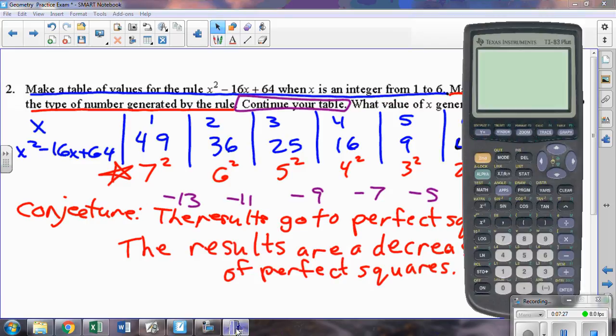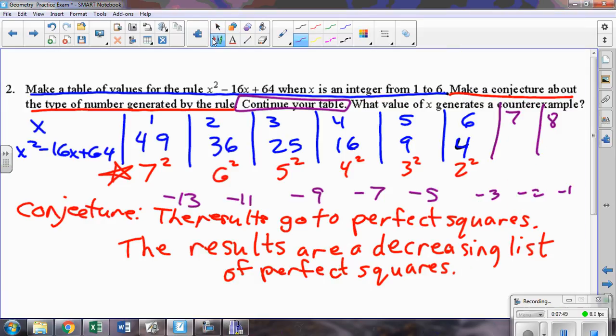It's kind of nice that we still have our calculator, because we can simply scroll down and see what we get with 7 and 8 and 9 and 10 and 11 and so on. As we continued the table, we would have gotten 1, 0, and then it continued to 1.